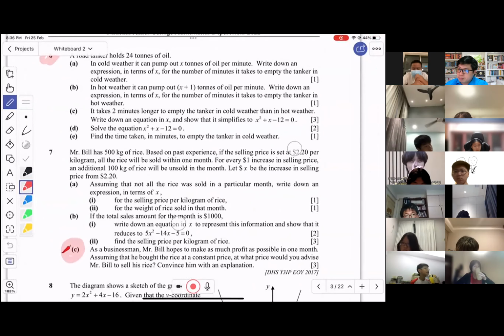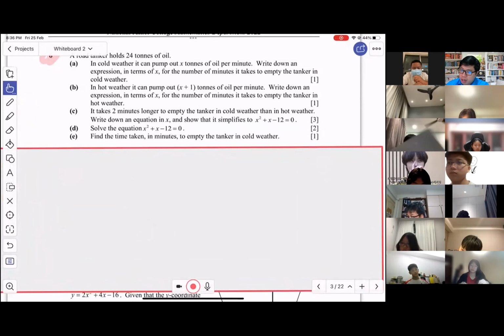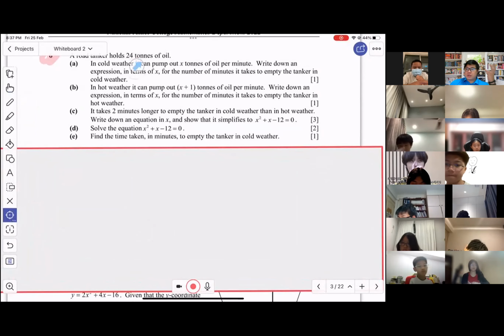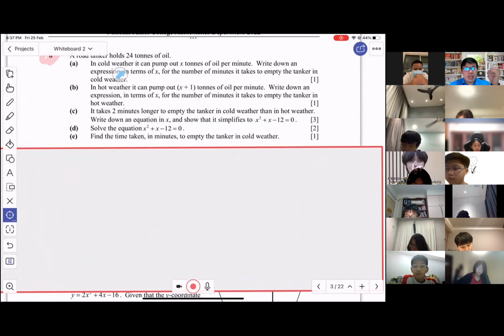So, a tanker holds 24 tons of oil. A tanker is like those big container trucks, like those lorries that go to the petrol kiosk and top up the petrol. In cold weather, it pumps out x tons per minute. Write down an expression for the number of minutes it takes to empty the tanker in cold weather.